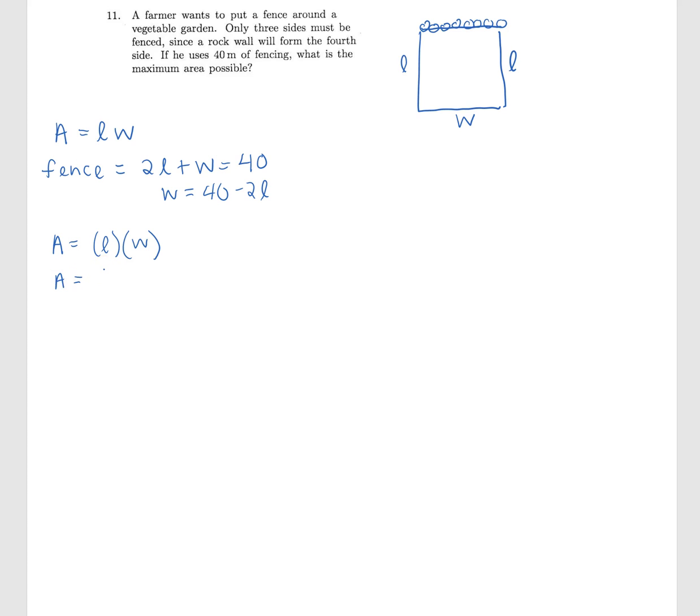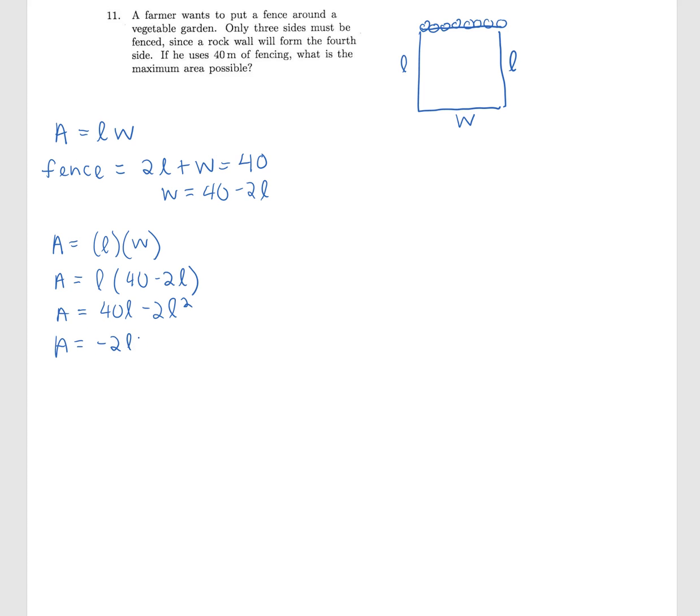So this gives me area is equal to L times 40 minus 2L. And I'm going to multiply this L in to the brackets. So this gives me 40L minus 2L squared. And I'm just going to rearrange these two terms.